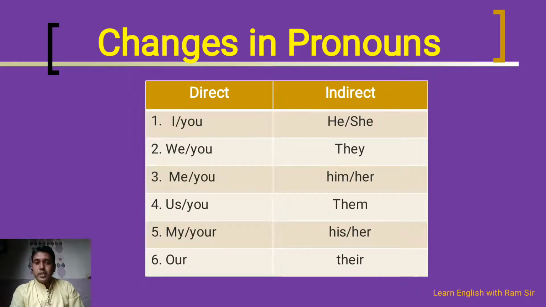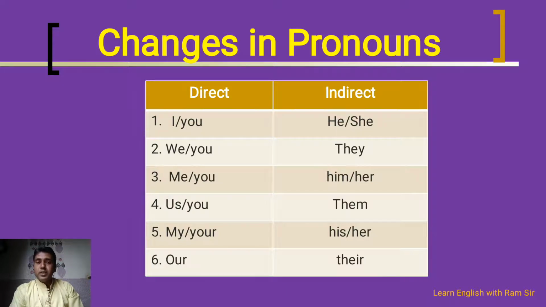The next one is we. Sometimes for we, you is also used, and you have to convert we into they. The third pronoun here is me, or sometimes you is also used. So as per the gender, you have to use him or her.